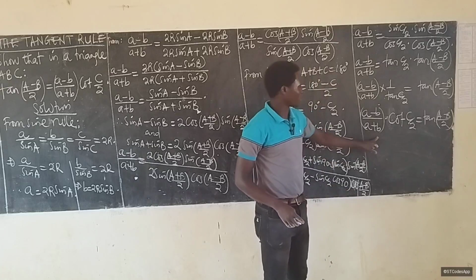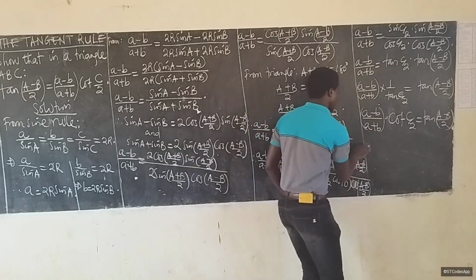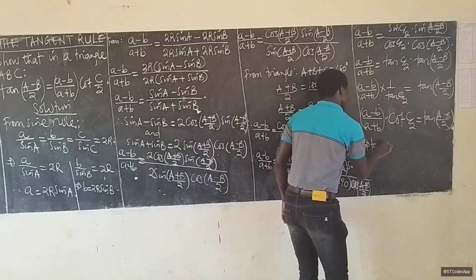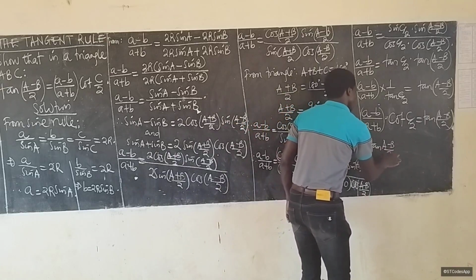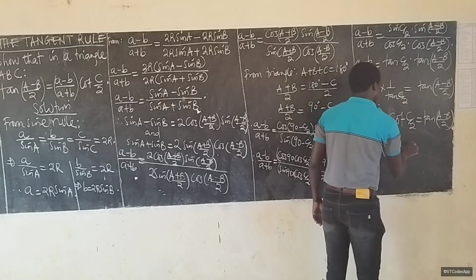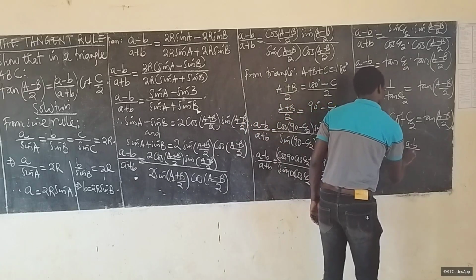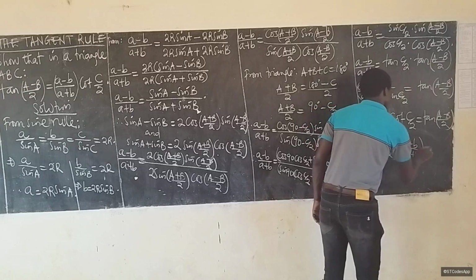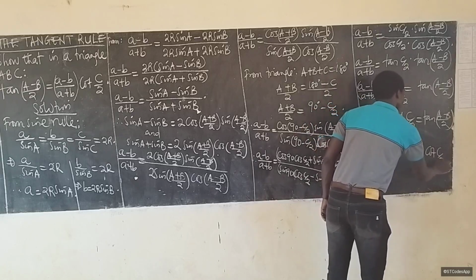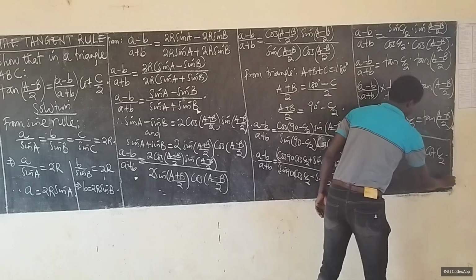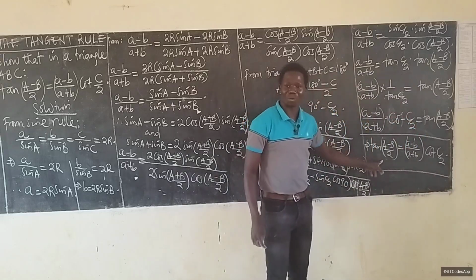So this is exactly what was required. This implies that tan of (A minus B) out of 2 becomes (A minus B) out of (A plus B) times cot of C out of 2. This is what was required.